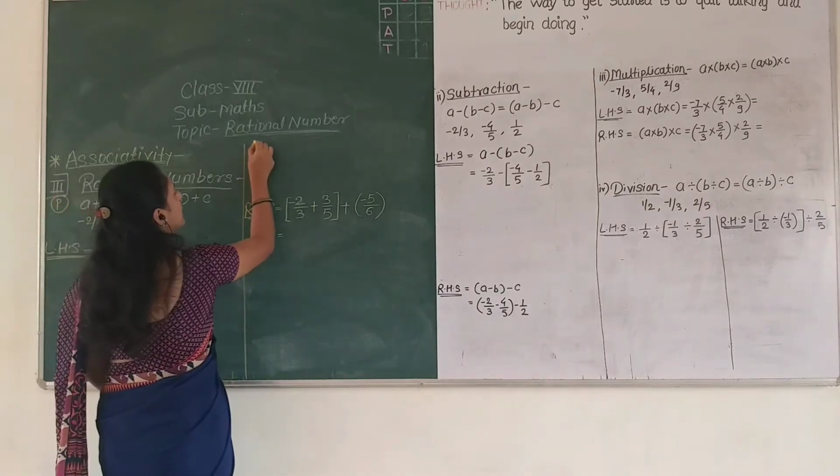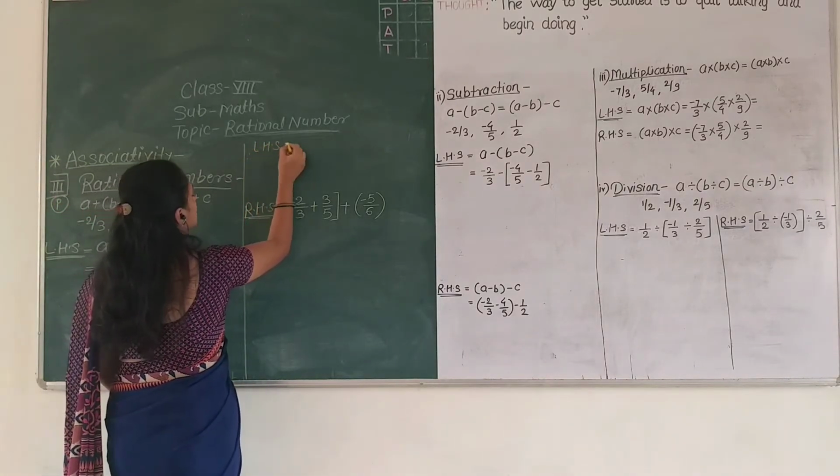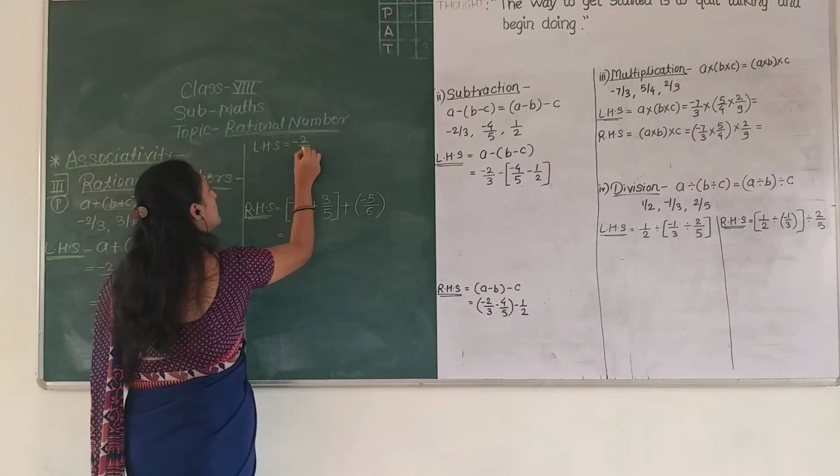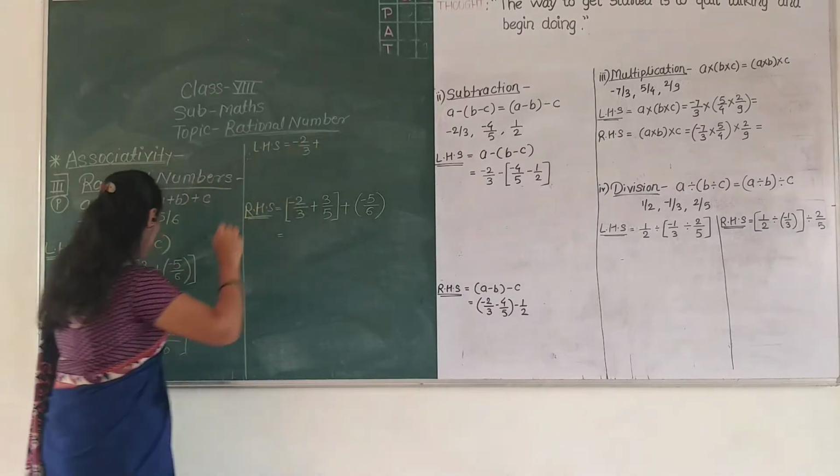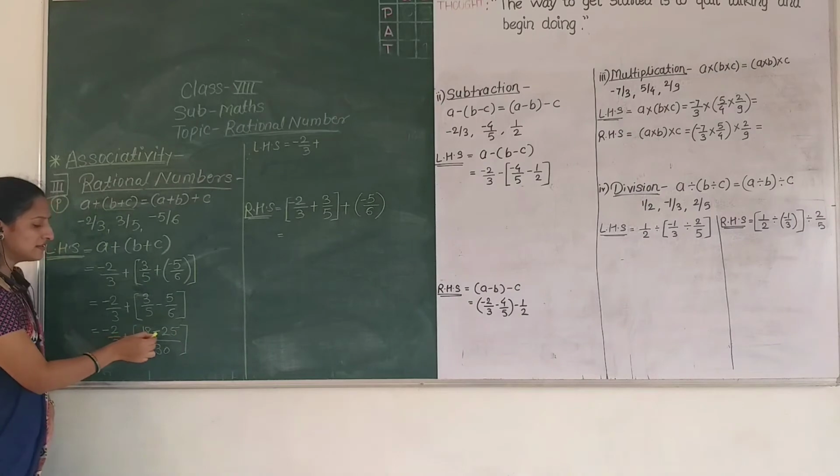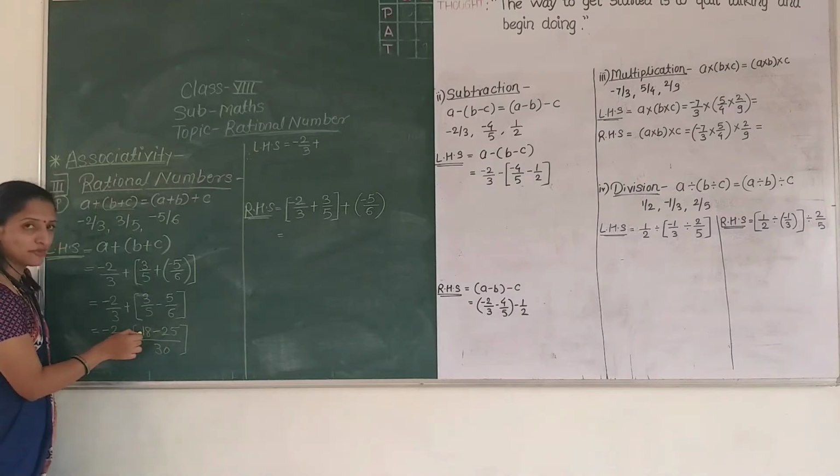So therefore LHS is equal to negative 2 upon 3 plus, in the bracket, 18 minus 25. Now signs are different, so we have to perform subtraction and put the sign of the bigger number for the answer.